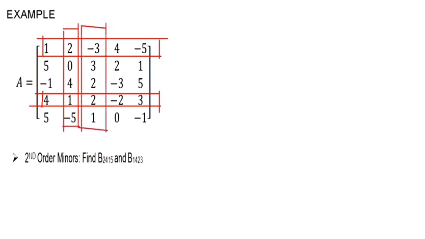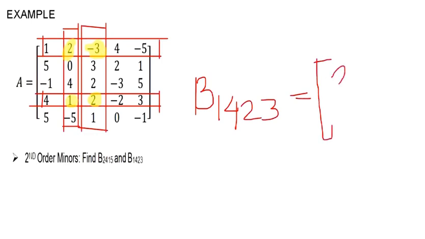The common elements are 2, negative 3, 1, and 2. So the answer for our second requirement is 2, 1, negative 3, and 2. That is our second order minor for 1, 4, 2, 3.